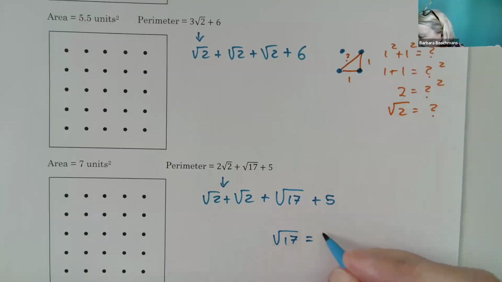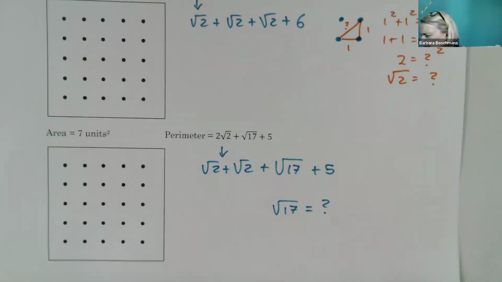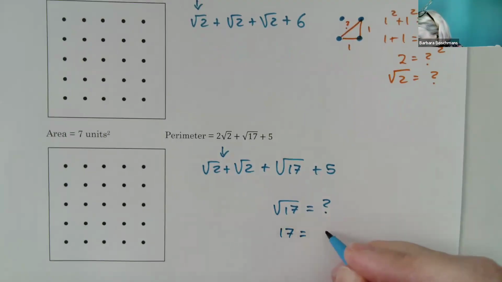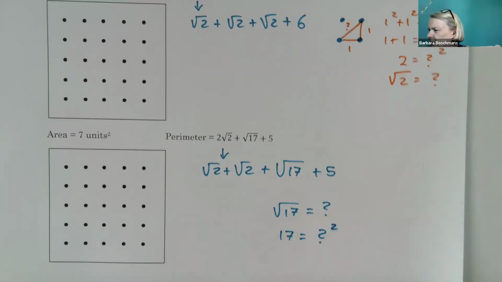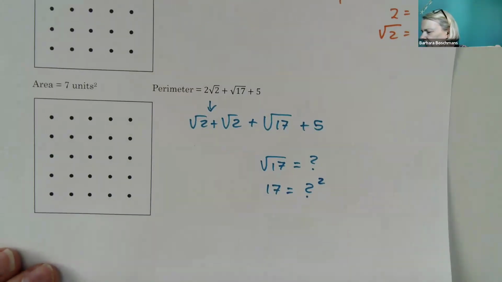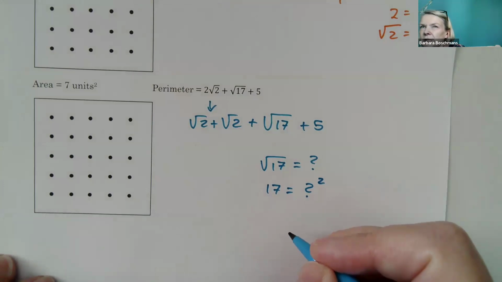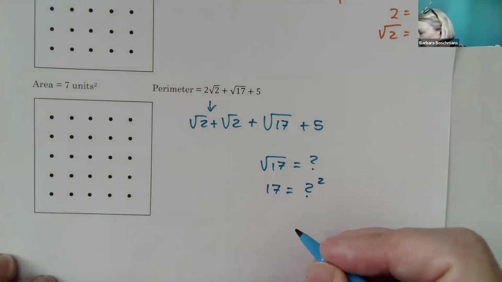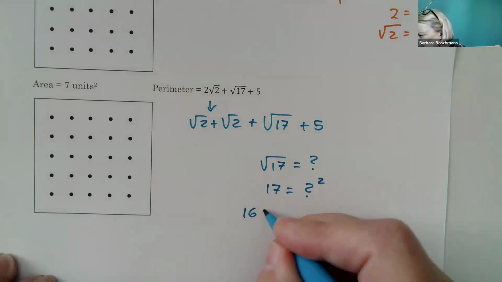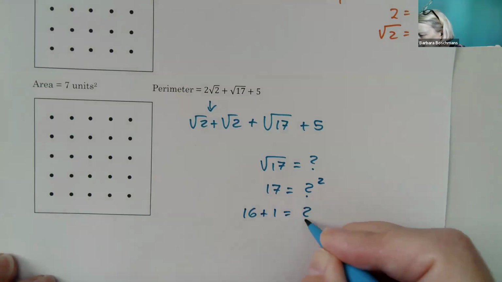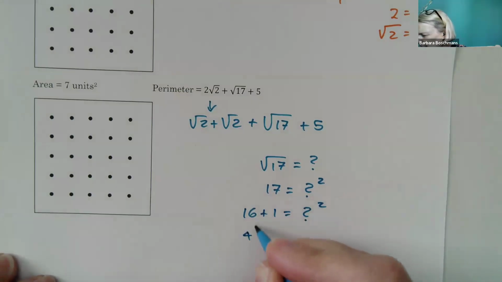I'm going to work this backwards, is the question mark. So 17 is question mark squared. So let's think about 17 to be split into two numbers that are perfect squares. And I think of 16 plus 1. So this would be 4 squared plus 1 squared.